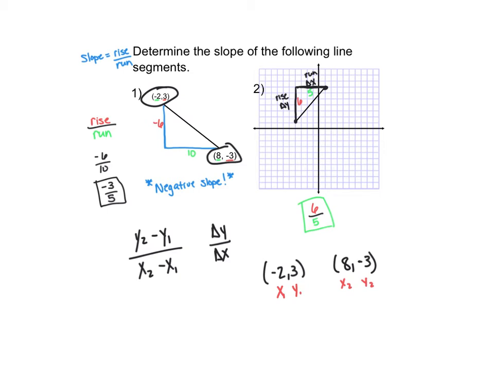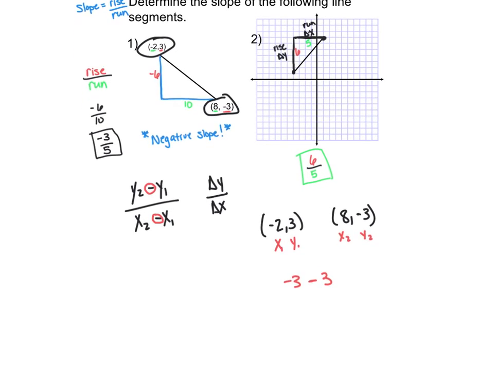Then I'm going to plug it into my formula, taking note of these subtraction signs that are a part of my formula. So I'm going to do y2, that's -3, minus y1, which is 3, and then x2, which is 8, minus x1, which has a -2 there, so I'm going to be careful as I put that in: 8 minus -2.